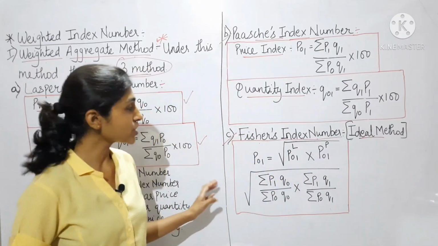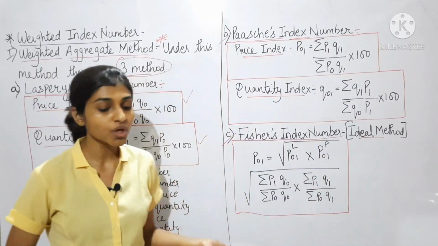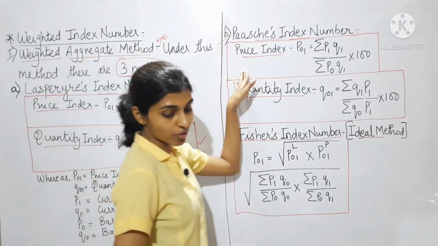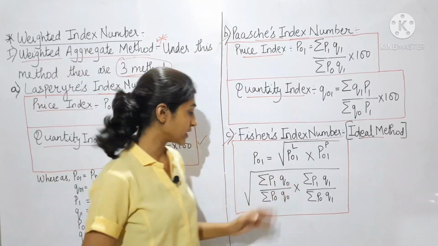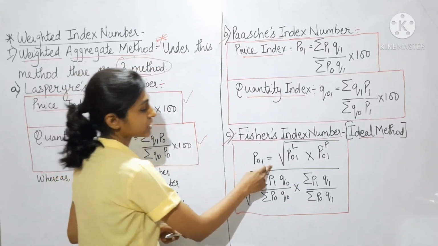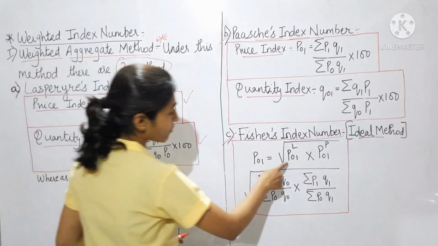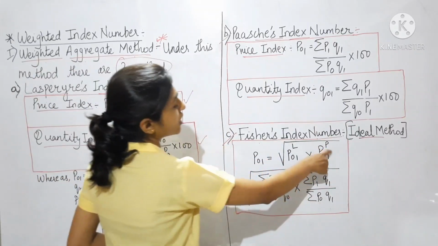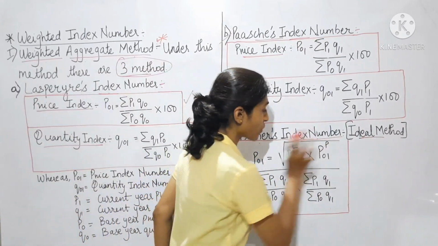So Fisher's is defined as the positive square root of the product of Laspeyres and Paasche's. The formula of Fisher's index number is P01 equals the square root of the product of Laspeyres P01 multiplied by Paasche's P01.